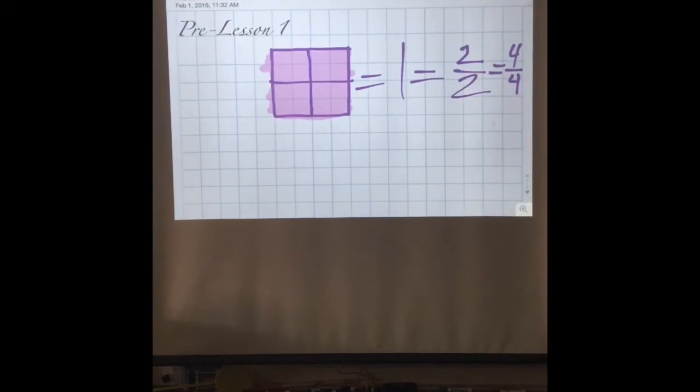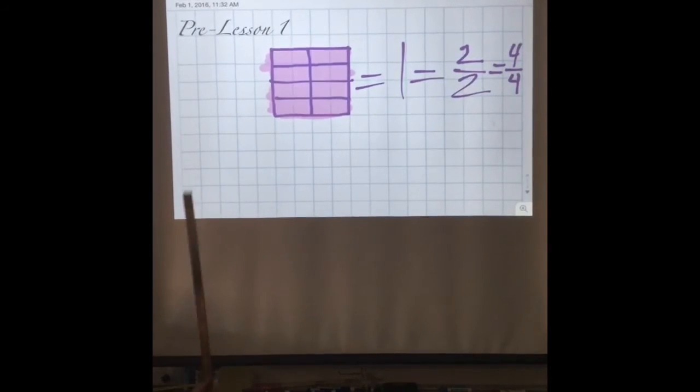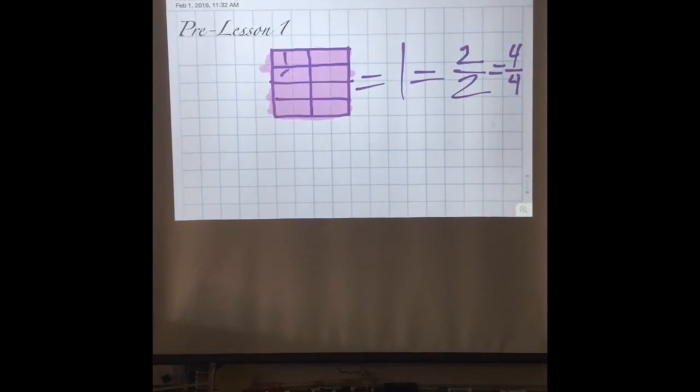Okay, let me cut this up one more time. How many pieces have I cut my one whole up into? Does anybody know? I got 1, 2, 3, 4, 5, 6, 7, 8.